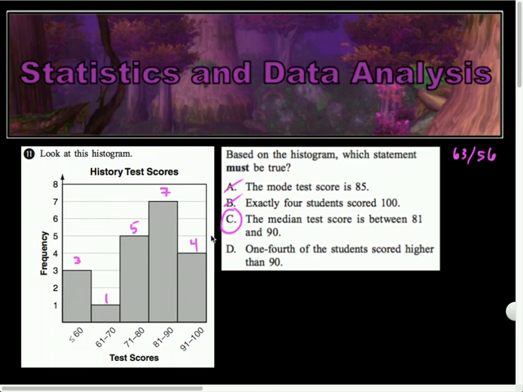We already know that 4 of them scored 90 or more out of 20 students, which is not 1/4. That's 1/5, which is less than 1/4. So that's why D also would not have worked.